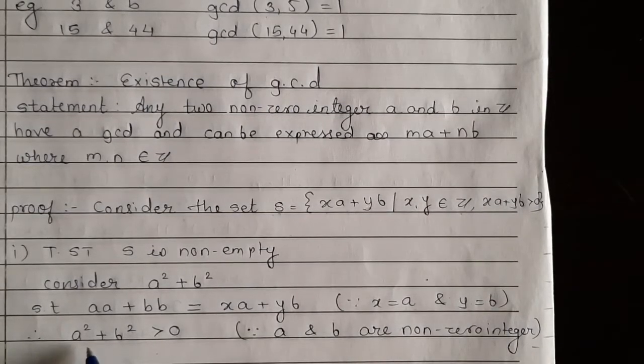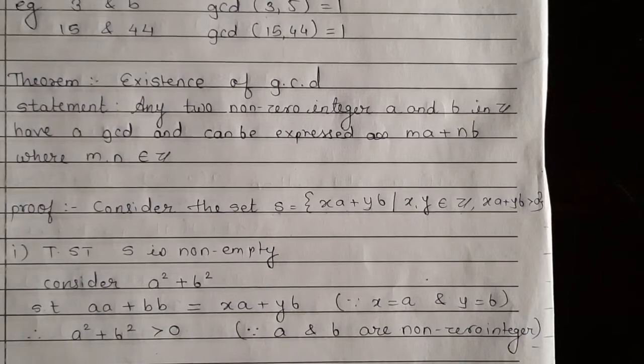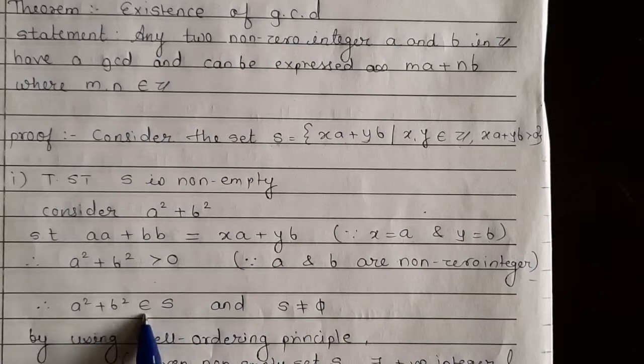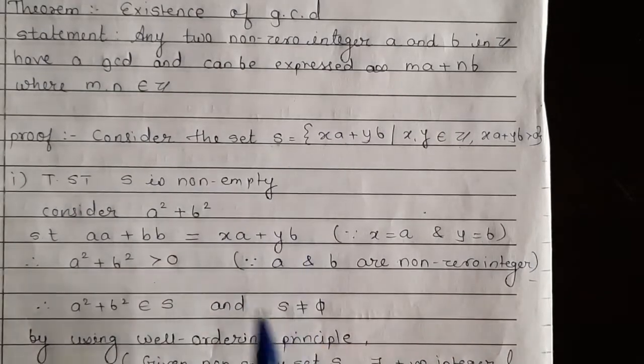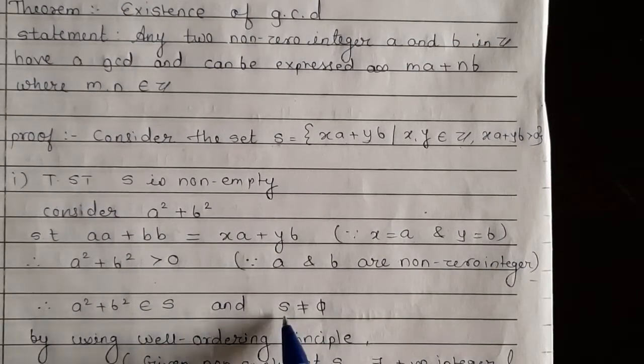Therefore what we get is that this sum of squares is greater than 0, because a and b are non-zero elements. The sum of these two terms belongs to the set S, that means some element belongs to set S, therefore S is a non-empty set.